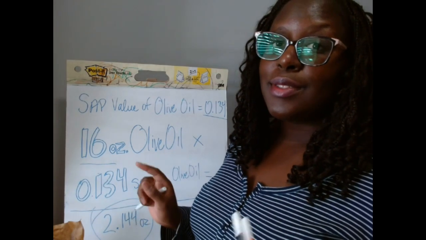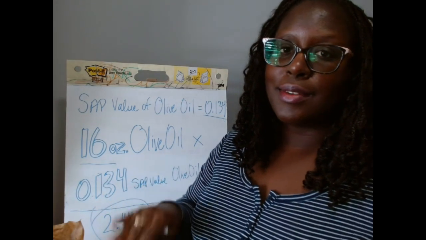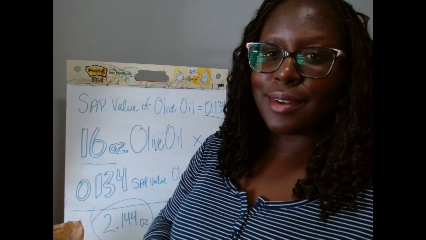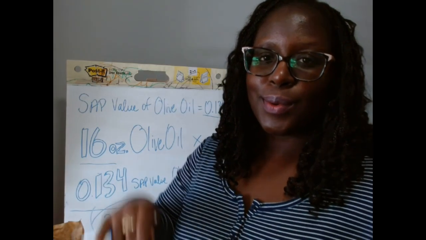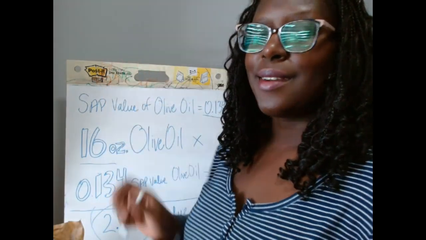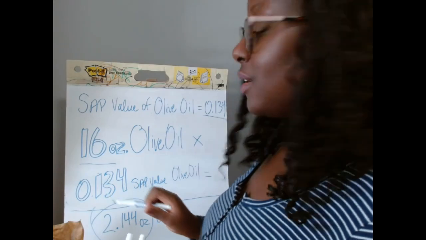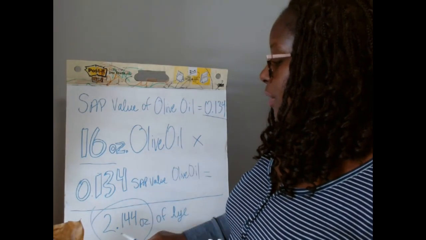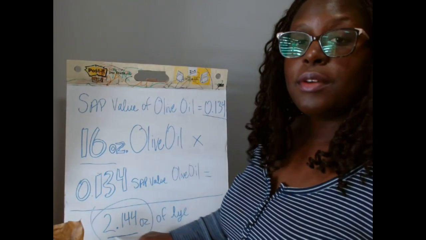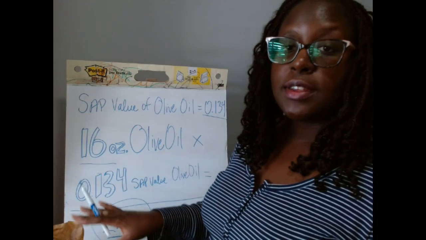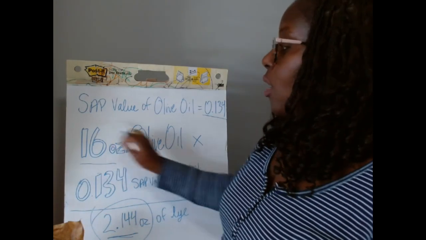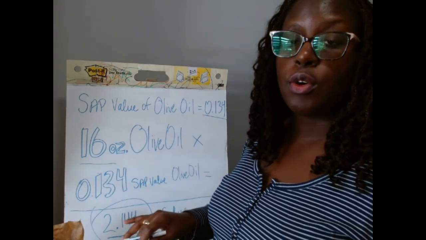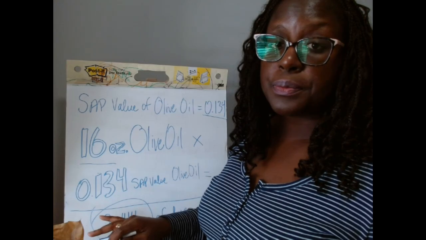Now this next section is the part that takes an amateur soap maker to an artisan soap maker. This amount of lye is a perfect amount that will turn all of this olive oil into soap with nothing additional.